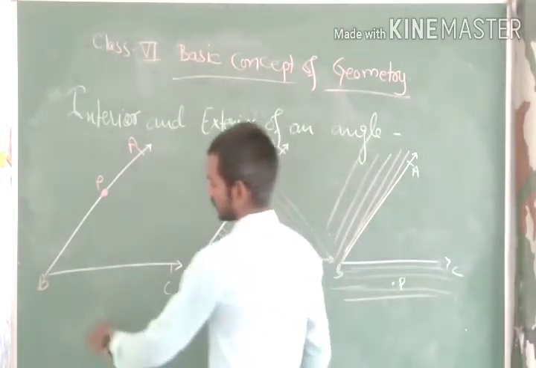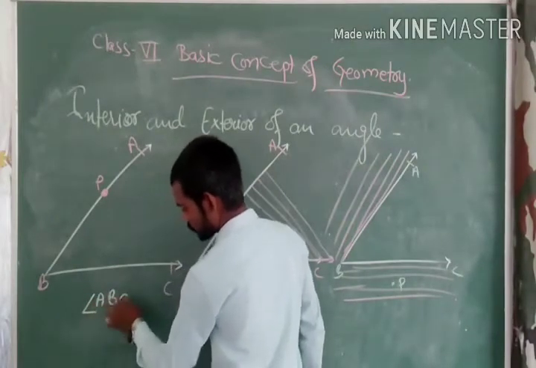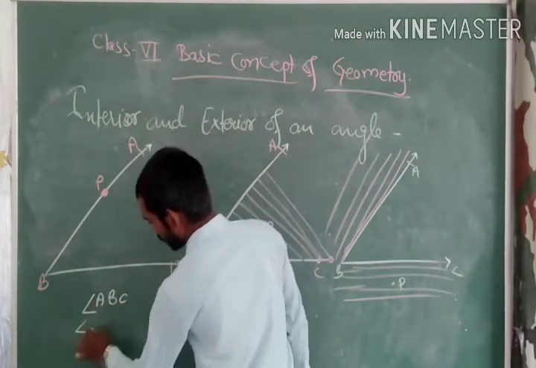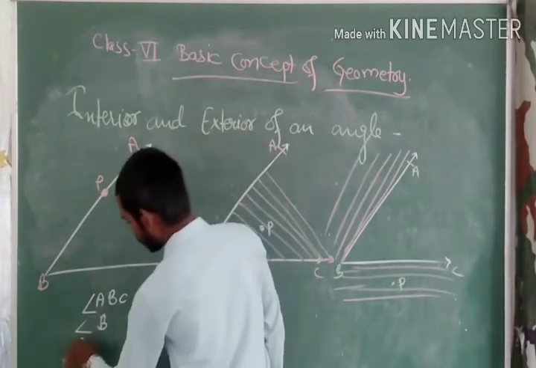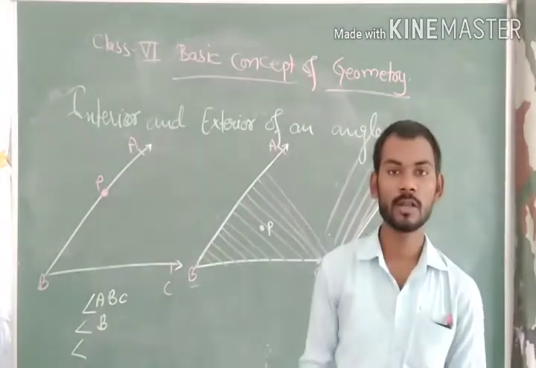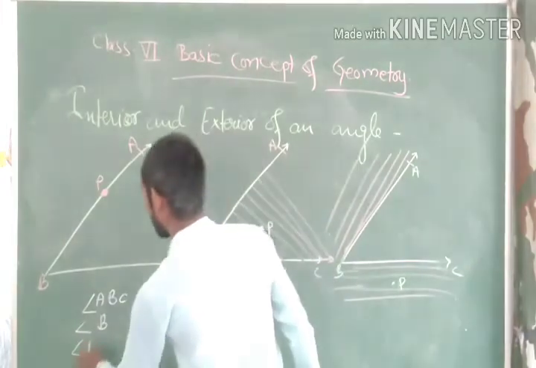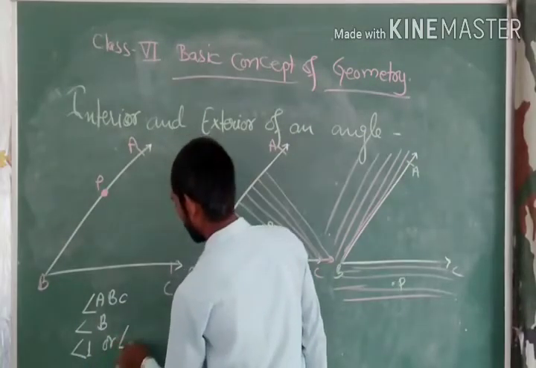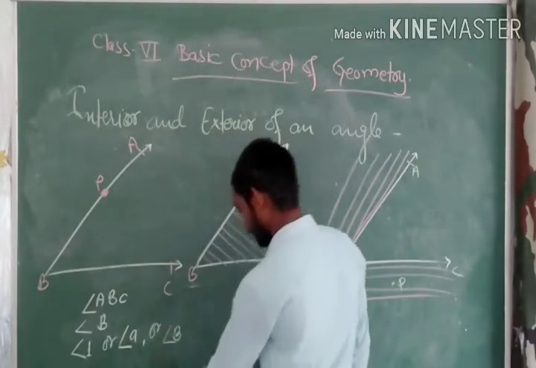The first one is three letters, that is A, B, C. The second one is only the vertex, that is B. And the third is given by a number or a small letter of the English alphabet, that is 1 or a or b.